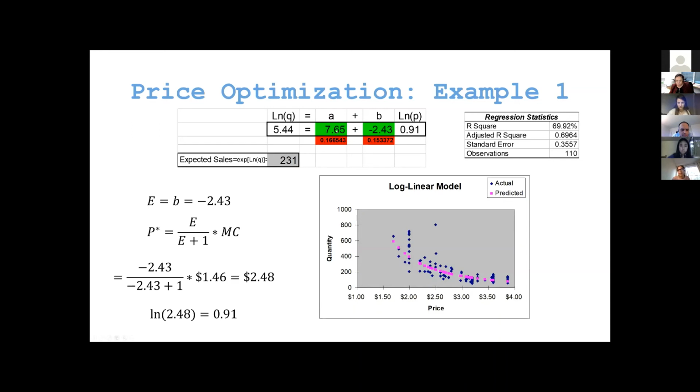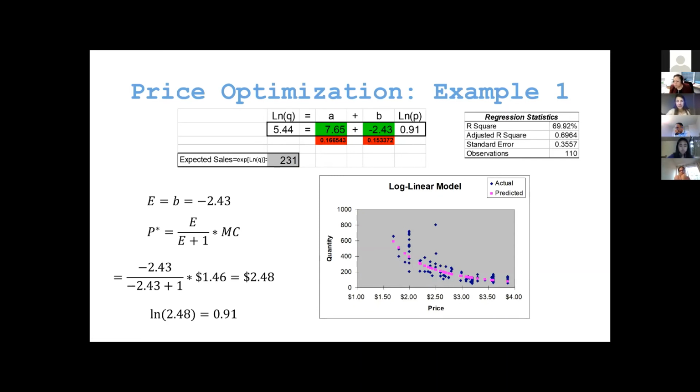What is in green and red is an output of regressing the log of quantity sold over, I think, 128 weeks, against the log of price for that week. The estimates put out in Excel were 7.65 and -2.4 with standard errors. So this is the result of a regression equation.